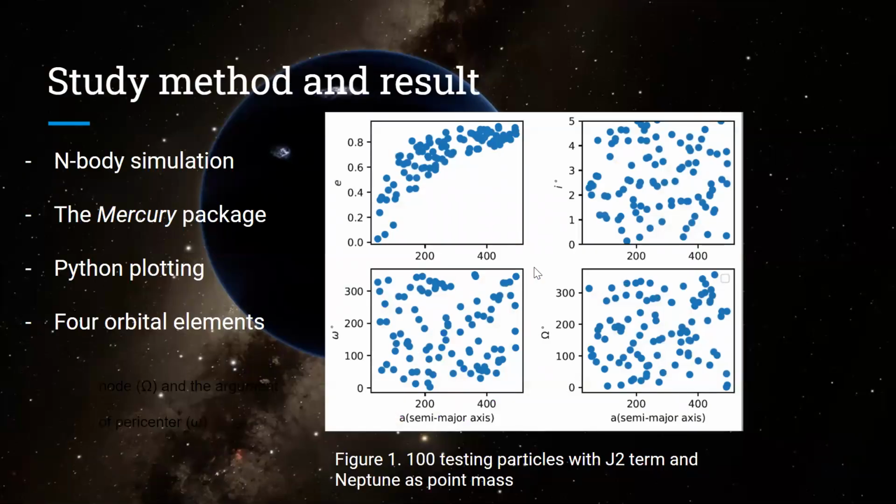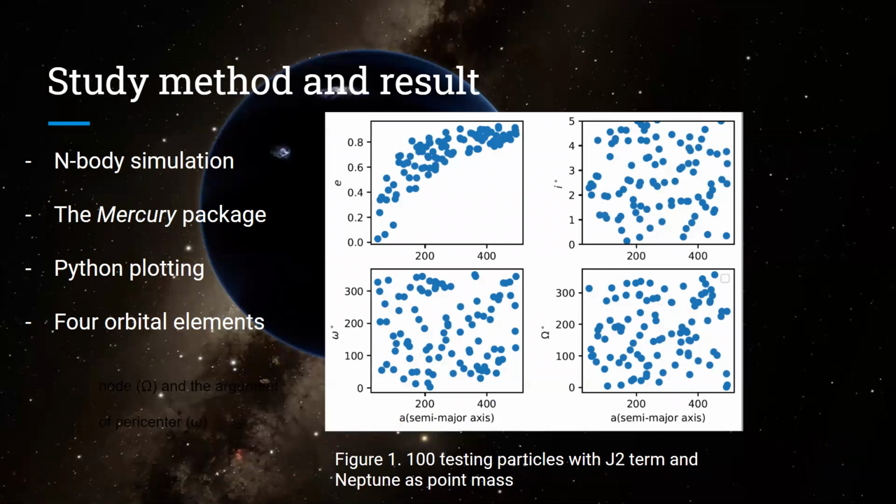In this case, our study uses 100 particles to simulate the dynamic environment that TNOs are experiencing. Again, TNOs refers to trans-Neptunian objects. We wanted to simulate many massless particles in the outer solar system so that we could use the n-body simulation method to calculate the integration.